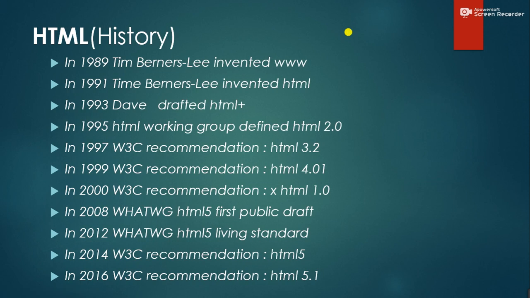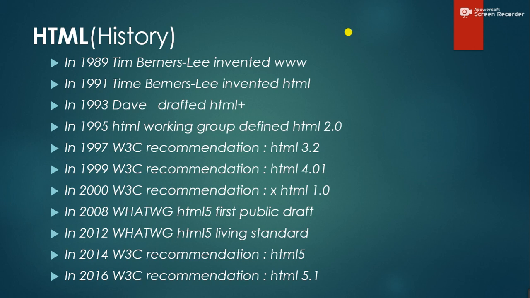In this slide I try to explain the history of HTML. In 1989, Tim Berners-Lee invented the WWW, the World Wide Web, that we are still using. It is also called the Internet.